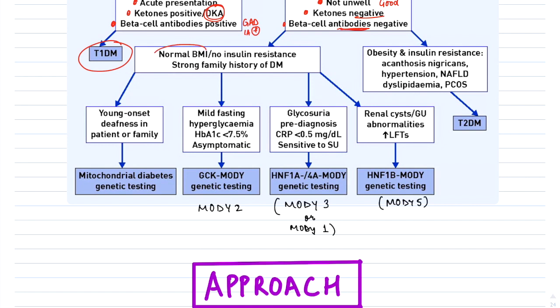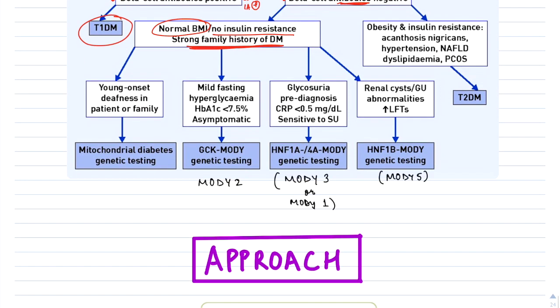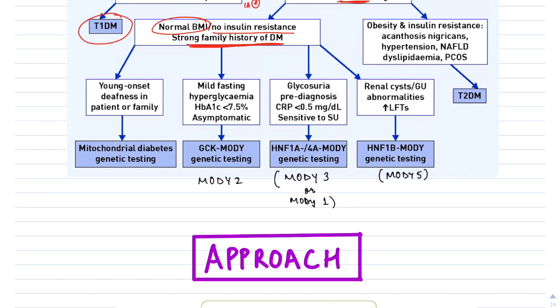If the patient has normal BMI and no insulin resistance, but a strong family history of diabetes, then we will check the various things. Normal BMI, no insulin resistance means type 2 DM has been ruled out. Therefore, this leaves the beta cell form.